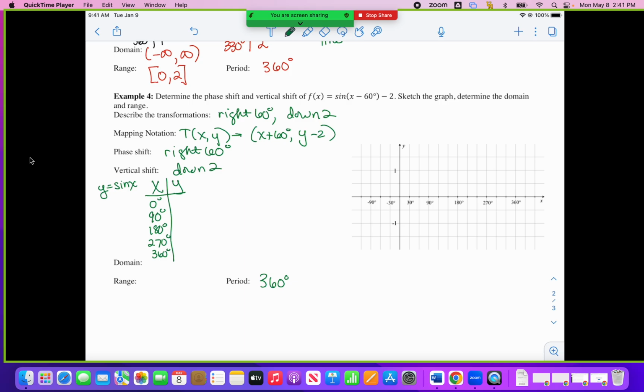All right, I'm going to start this. So sine starts at 0, 1, 0, negative 1, 0. I'm going to change colors for funsies. And if I add 60, here's my x column, and then I'm going to subtract 2. So here we go.